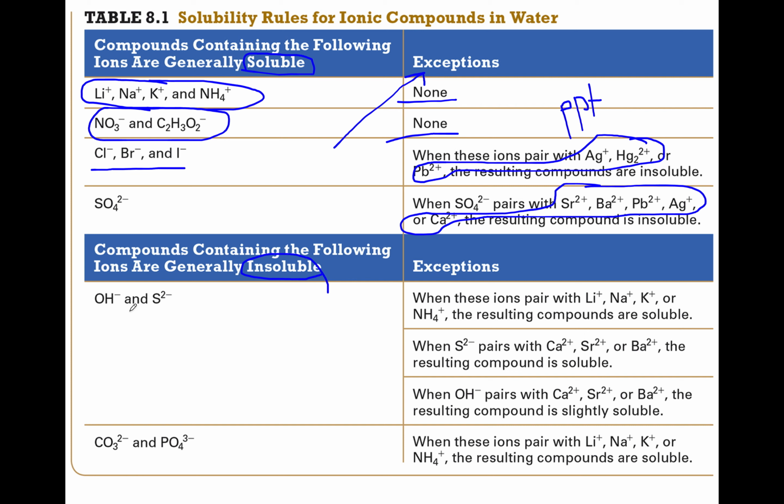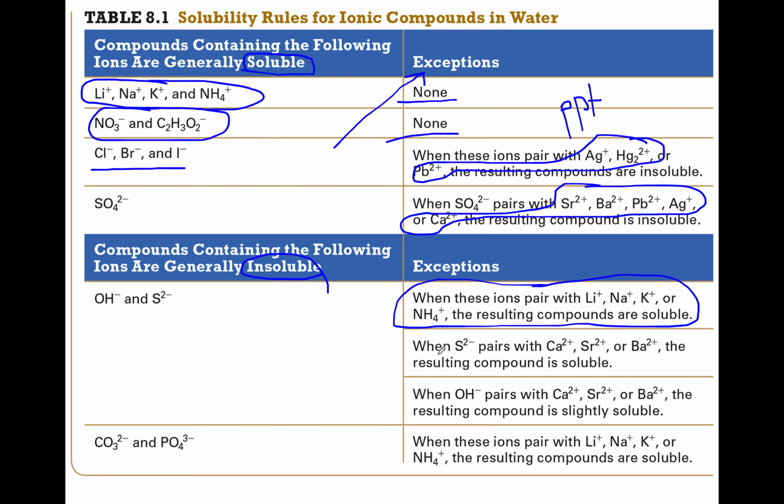If we go down here, this is the insoluble rules. Hydroxides and sulfides are typically insoluble. Well, we already saw this rule; these are soluble, that's right up here. This is why the handout I have helps a little better. It goes in order, from top to bottom. If the top rule applies, you take that rule and then you move on.